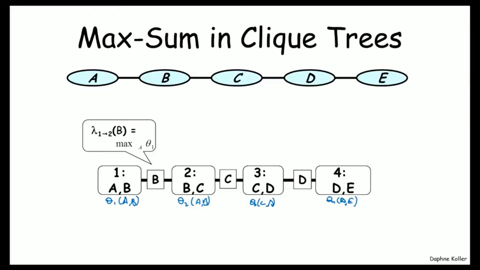So initially, the AB clique is going to define the message lambda 1,2, which is obtained by maximizing out A over theta 1, and the resulting message over B gets passed to clique 2. Clique 2 can take that message, multiply it with its own factor theta 2, and add that. This is max sum, remember? I'm going to add that to lambda 1,2, and that gives me the message lambda 2,3.